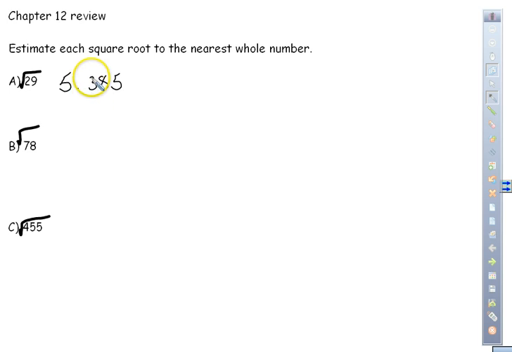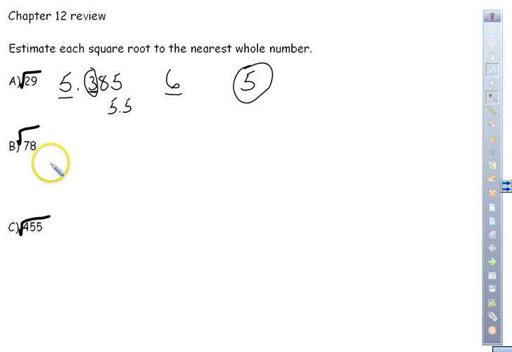What we need to be doing is looking at just the tenths and determining whether this square root of 29 is closer to 5 or to the whole number 6. Since this is 0.3, and 5.5 being the middle, since it's less than that, it is going to be closer to 5. So my answer to this is 5.